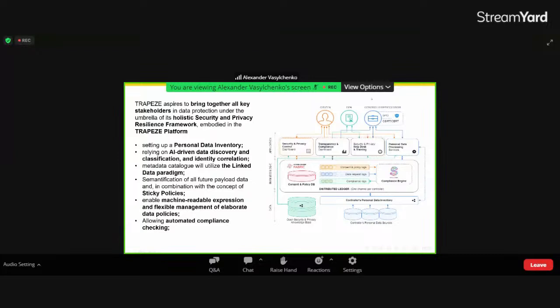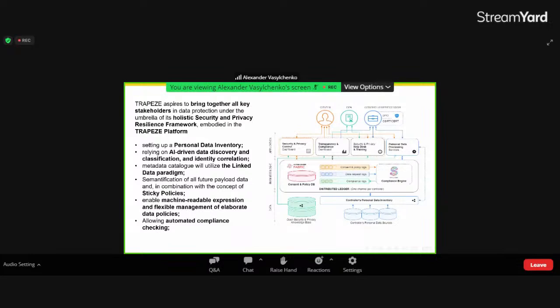We are bringing together the citizens. I talked a lot about the citizens, but through the platform we also enable the data protection authorities to control and oversee how the controllers or processors of our personal data, represented here in blue, process the personal data of citizens.